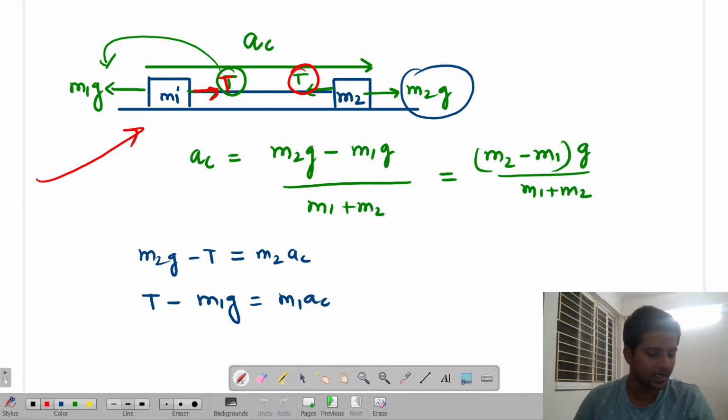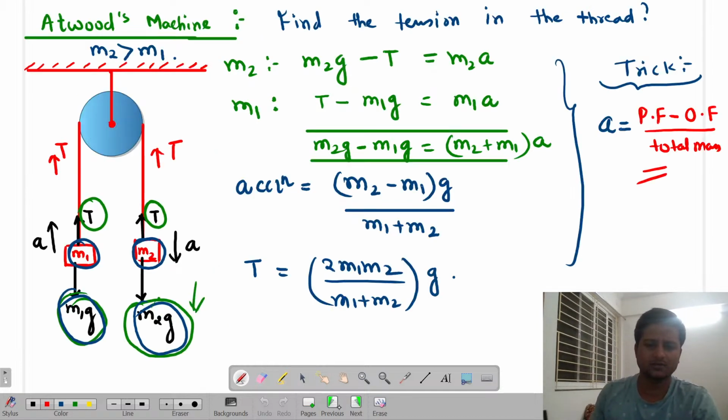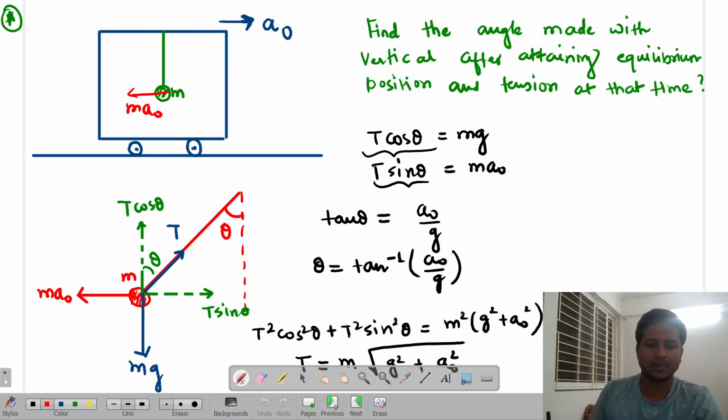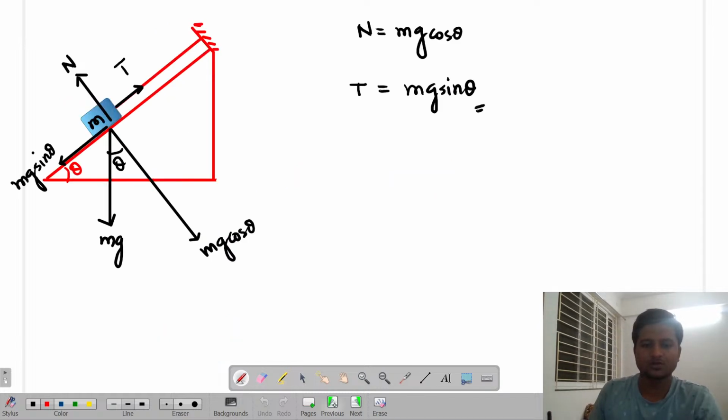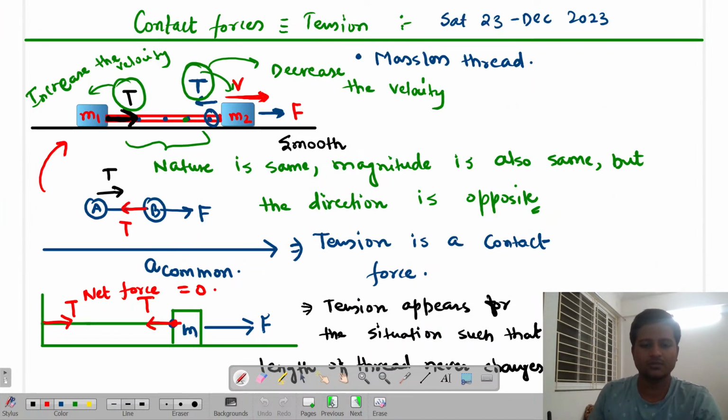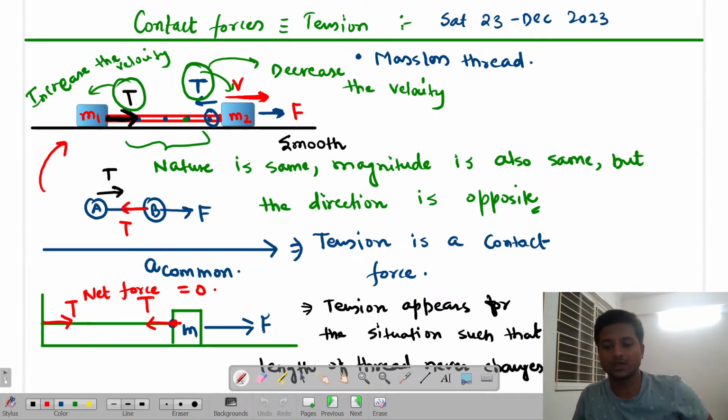If we want to write two wedge constraints, then one extra more: one, two, three, four, and five lectures for this NLM, and one or two lectures for friction. So almost we'll finish by six lectures. Is that clear? Okay. So basically this takes a long time because we are doing so many problems over here.